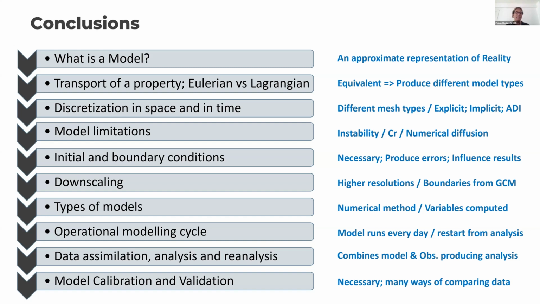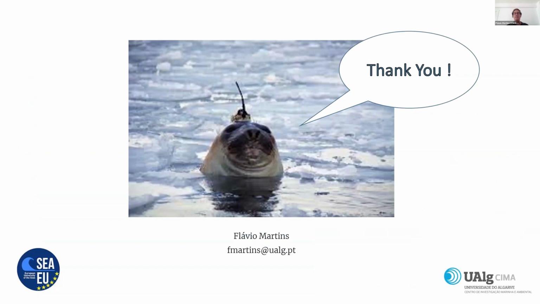We saw a bit of data assimilation. So it combines model and observation to produce analysis and also reanalysis. And finally, we talked about model calibration and validation. We saw it is necessary and that there are many ways of comparing data. And this is it. Any question, please, you're welcome.